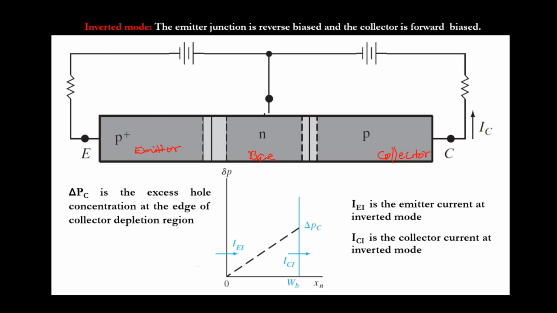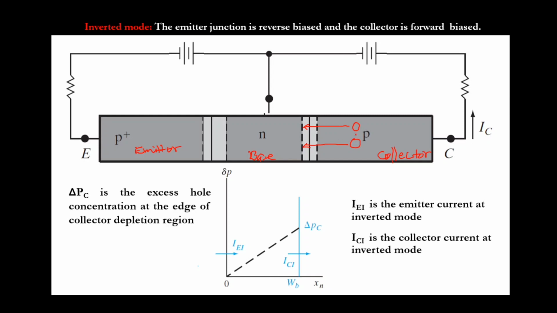But what I did here is, this collector junction is forward biased and this emitter junction is reverse biased. Then the hole injection takes place from the moderately doped p-type material.